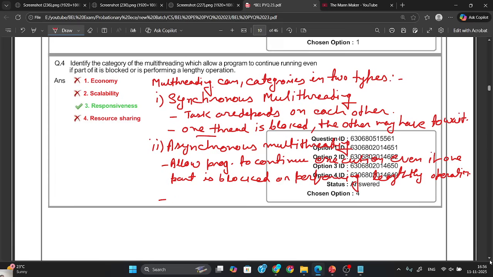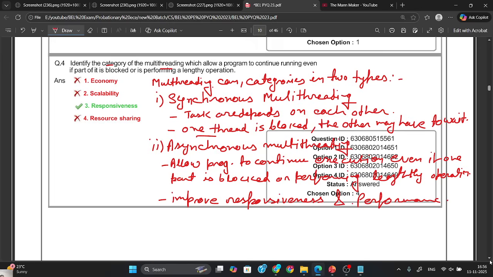That's why it improves responsiveness or performance, because it continues giving the execution. From here you can check the question: it's asking to identify the category of multi-threading.